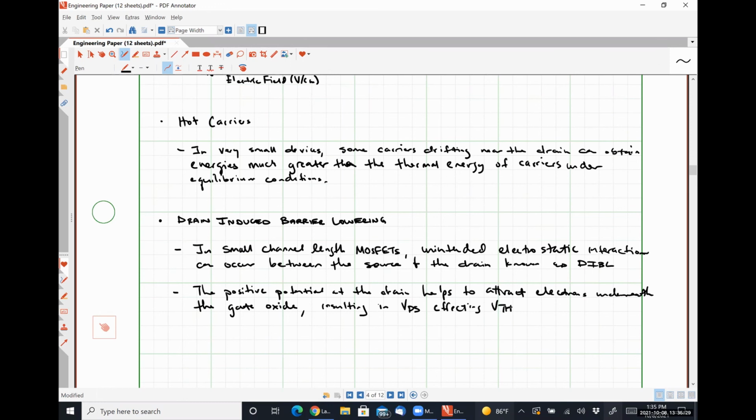Well, when we get down to our 180 nanometer processes and all that kind of stuff, the maximum voltage that we can apply drops to somewhere close to 3.3. And when we get down to 14 nanometer processes, we can only put about 1 volt on our drain before we start losing gate control of our devices.